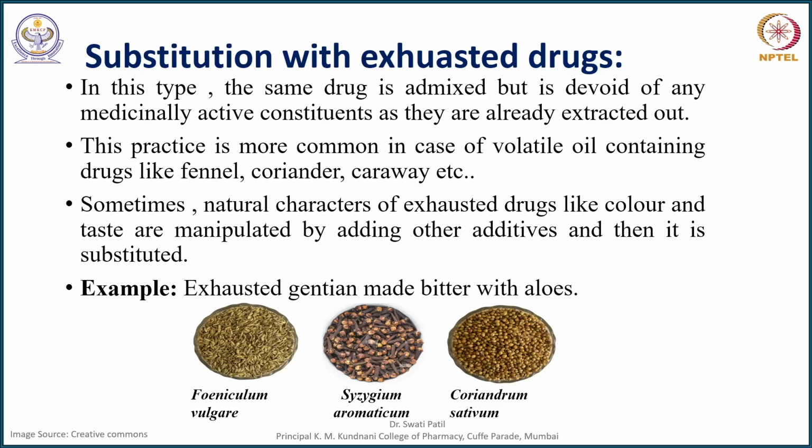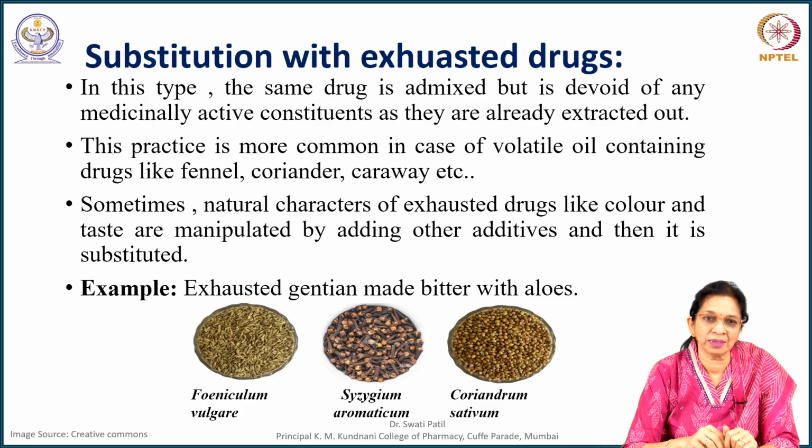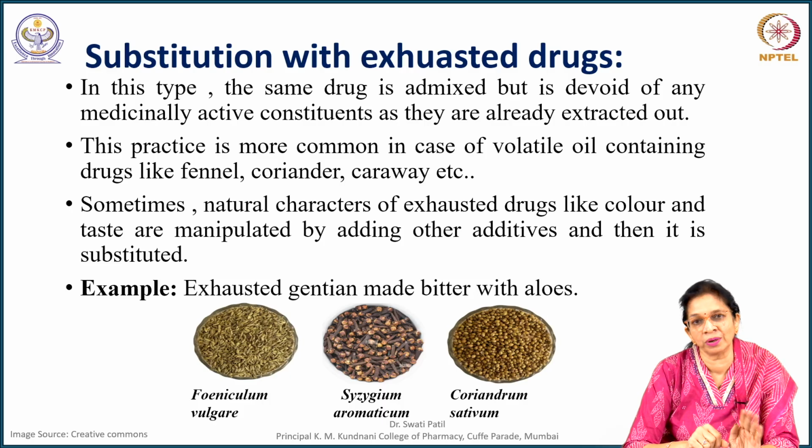Substitution with exhausted drug. In this type, the same drug is admixed but is devoid of any medicinally active constituent. So, fennel, when it is exhausted, does not contain fenchone and anethole as much as the official drug.